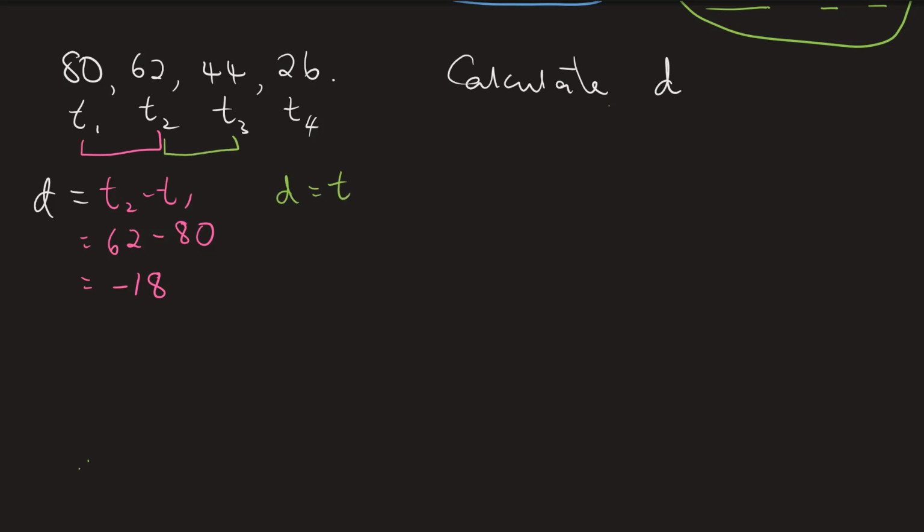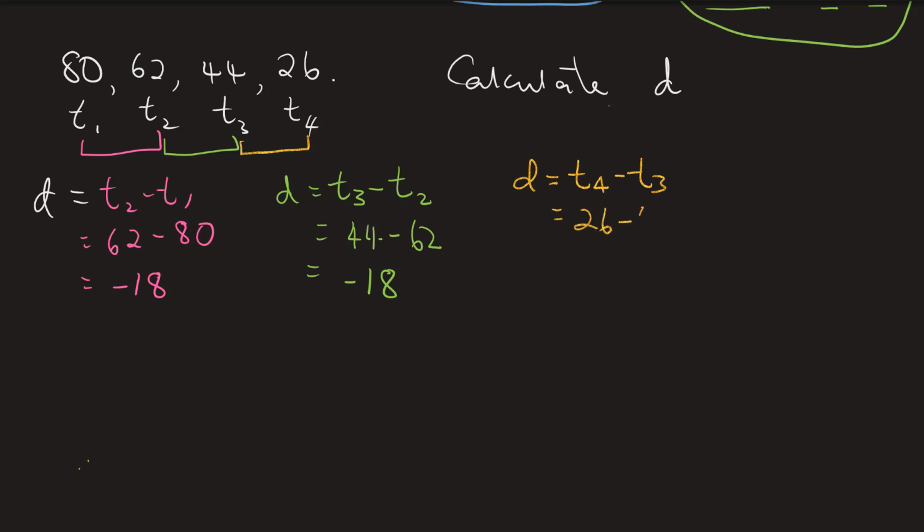This one here, T3 minus T2, that is 44 minus 62, which is also negative 18. And let's just try the last one. Let me try yellow. That will be between this number here and this number. So D is equal to T4 minus T3, 26 minus 44, which is also equal to negative 18.